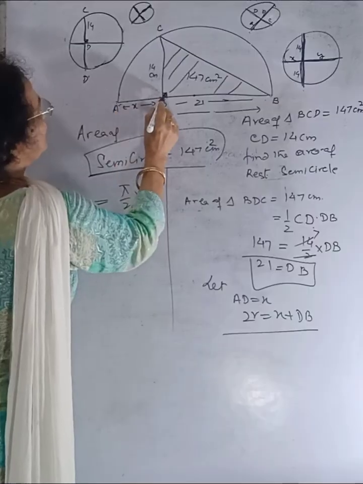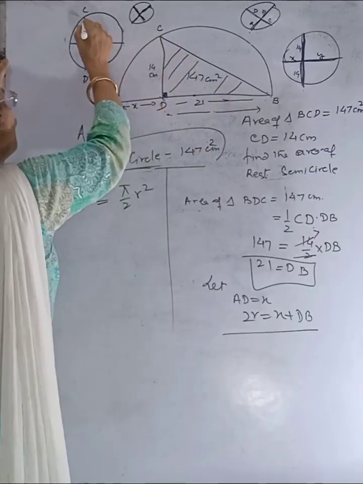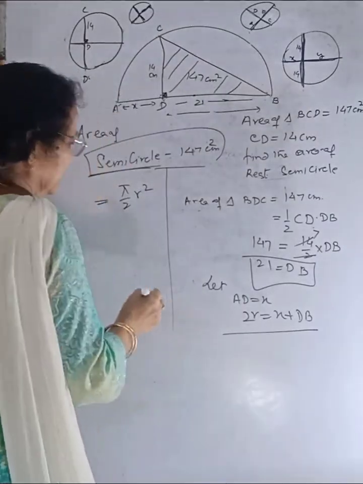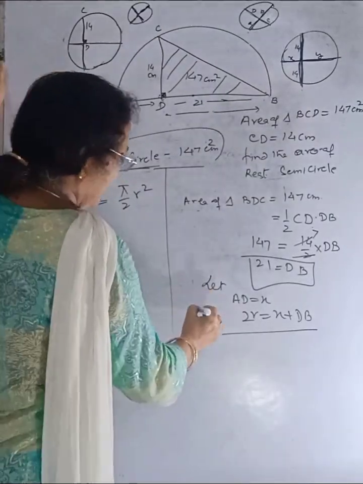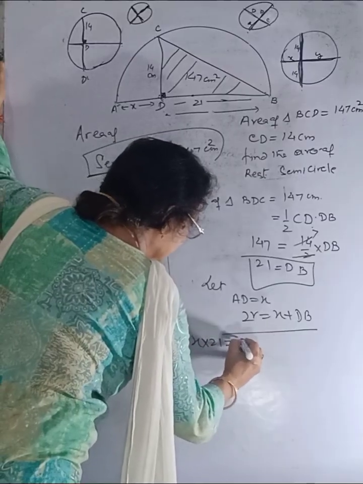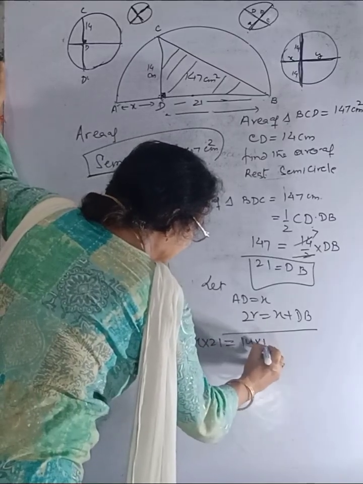It means x into DB will be equal to 14 into 14. We can say x into 21 will be equal to 14 into 14.